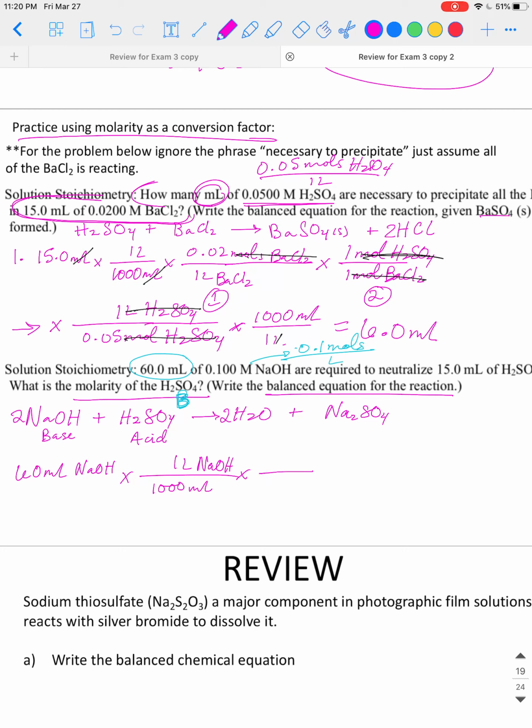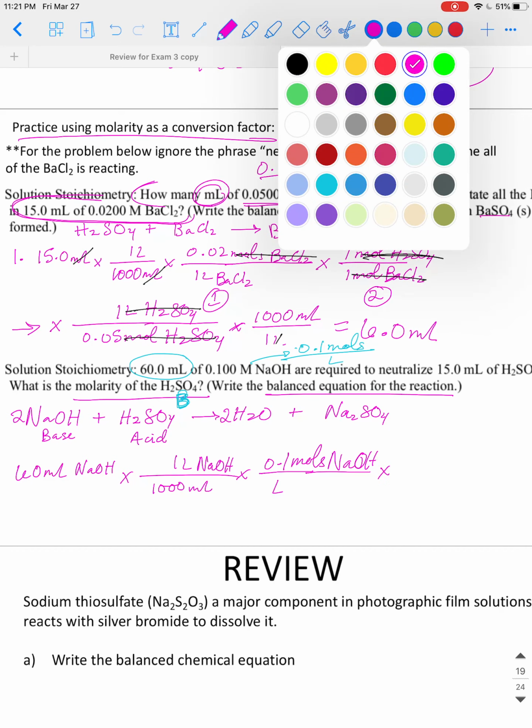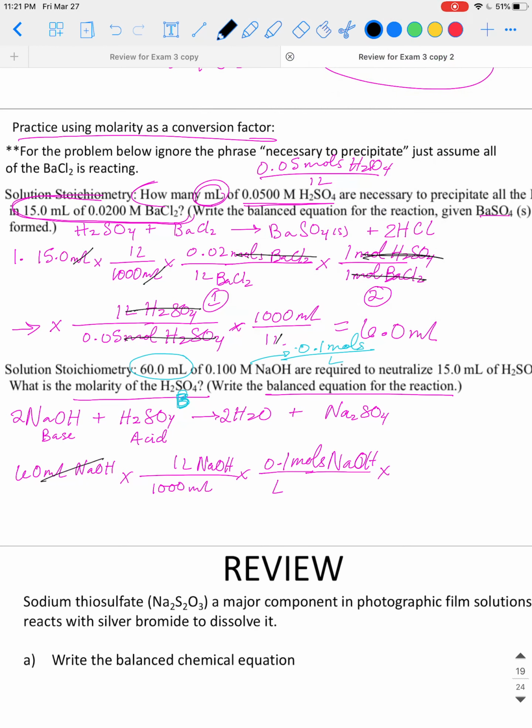Now we can use the molarity given to go from volume to number of moles. So I'm going to plug in what I wrote up there in blue so that liters cancel out. Liters on bottom, for every 1 liter we get 0.1 moles of NaOH. Okay, so far milliliters cancel, liters of NaOH cancel, now we have moles.